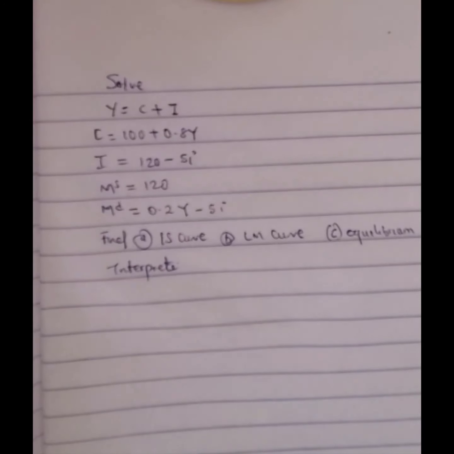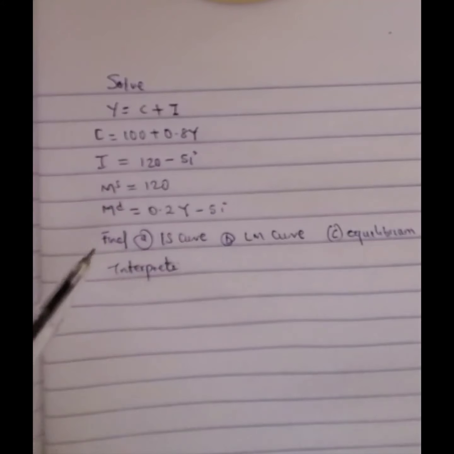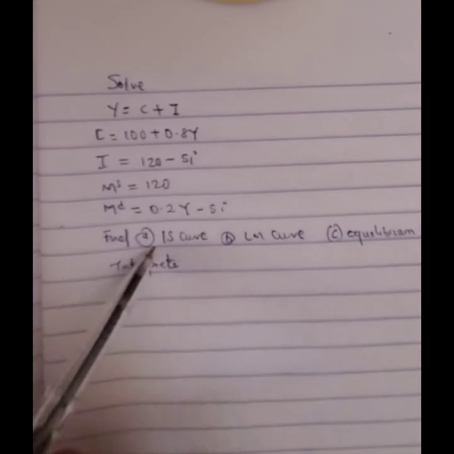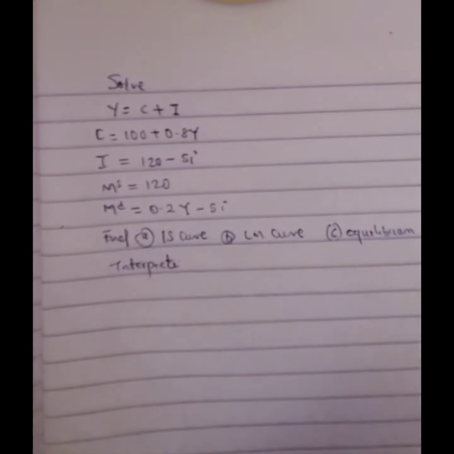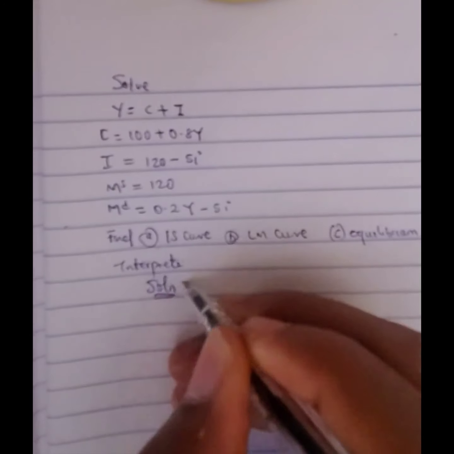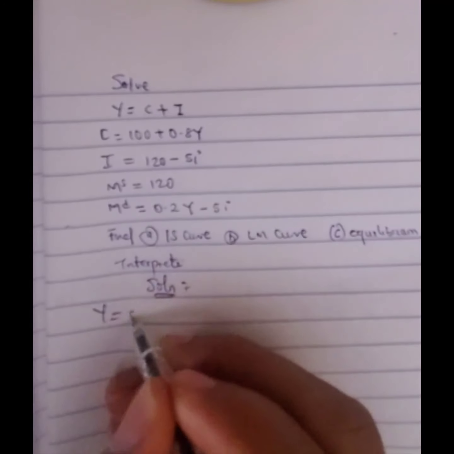Now at R1, IS is usually less, while LM is usually high. Let's call these Y1 and Y2, and this is R1 and R2.